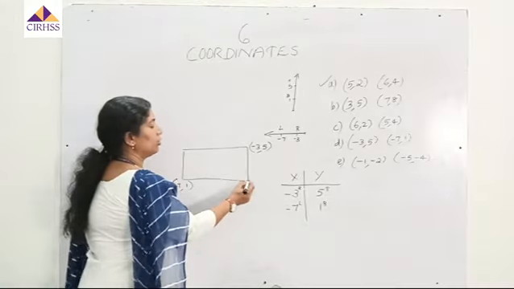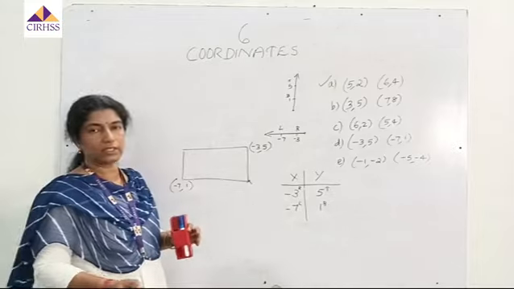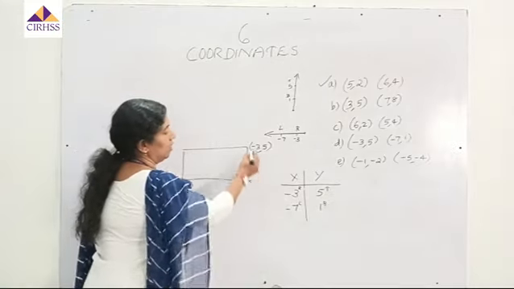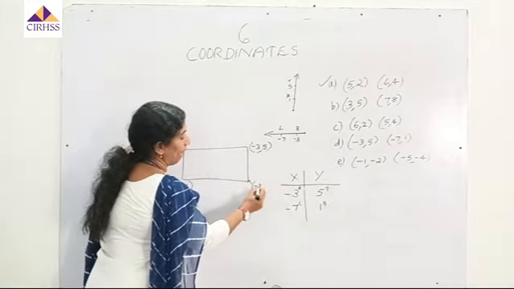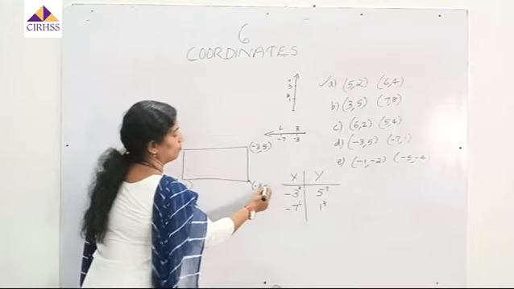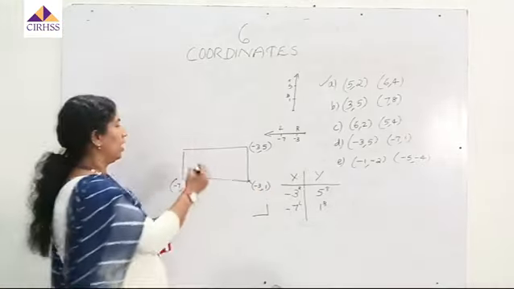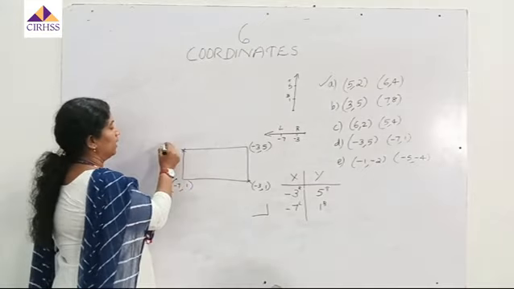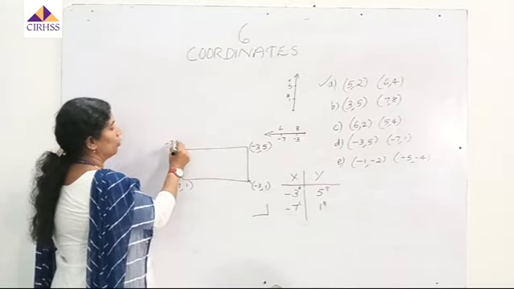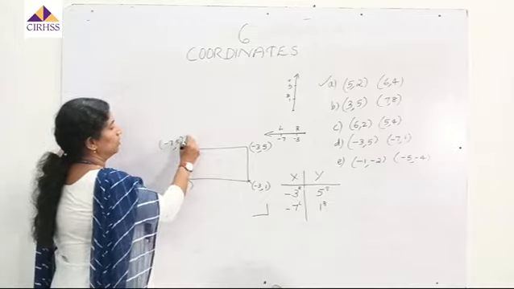Then find out the other vertices. That is minus 3, 1. This shape. Minus 3, 1. And here minus 7, 5. This shape.